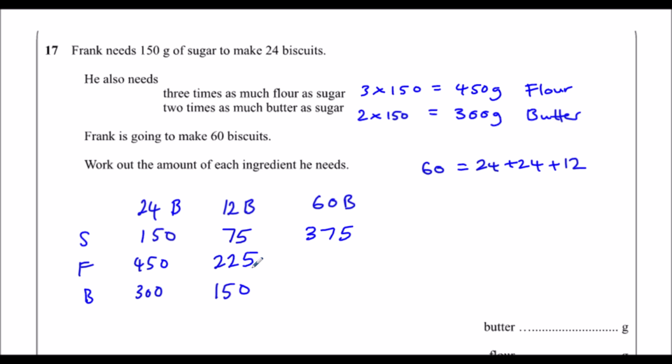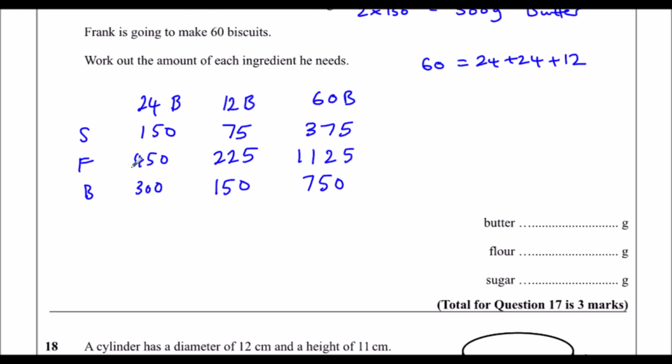So 900 plus 200 is 1100 plus the 25. 2 300s are 600 plus 150, 750. So that's butter is 750 grams.